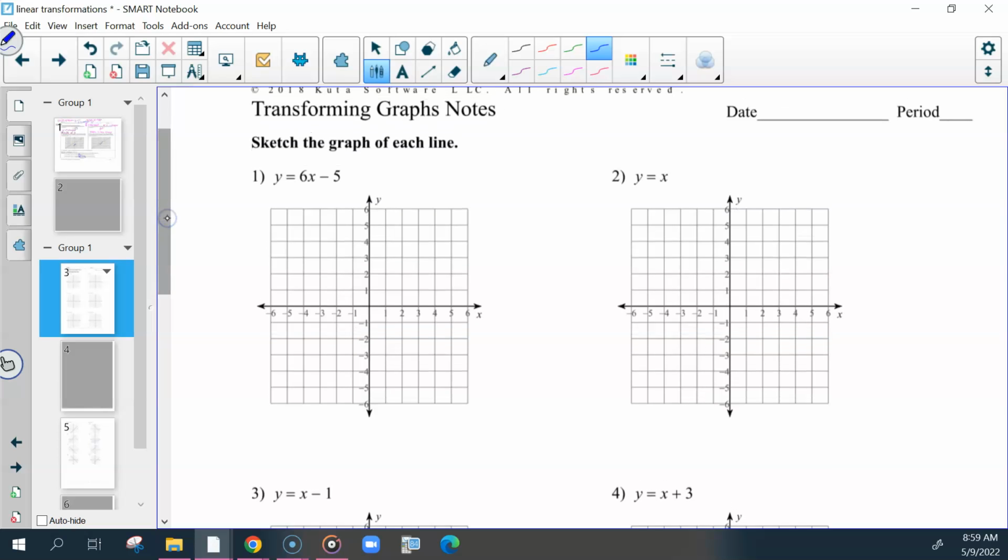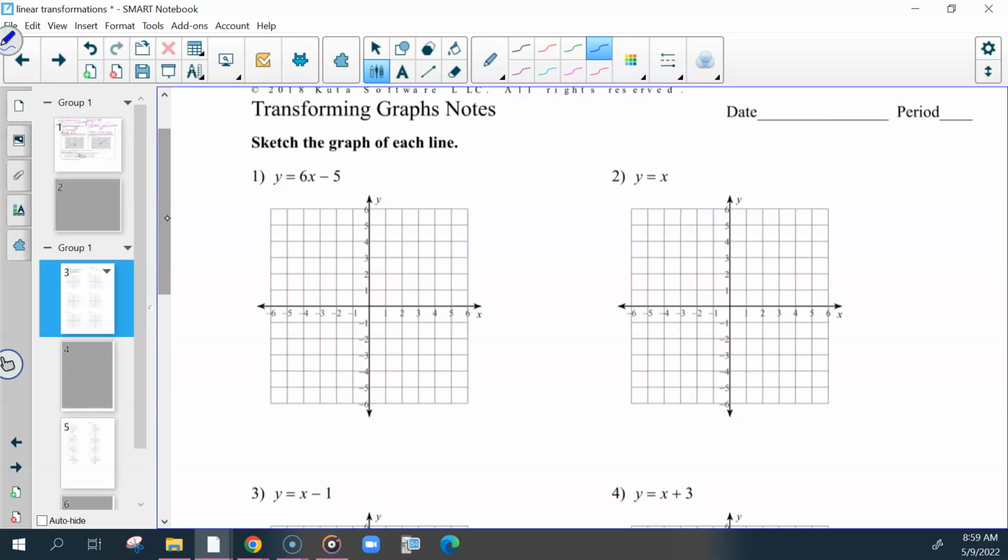So the next page of this, they give you different graphs. And what we're going to do is graph those and also graph what would be the original and describe the transformations. So if you have two different color pencils, pens, or something like that, this would probably be better. But you don't have to have that.